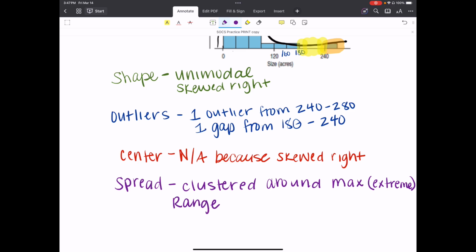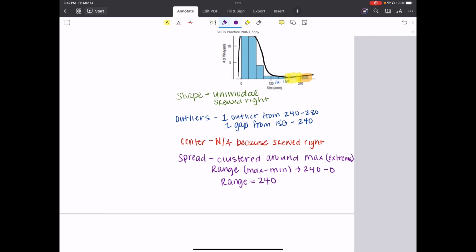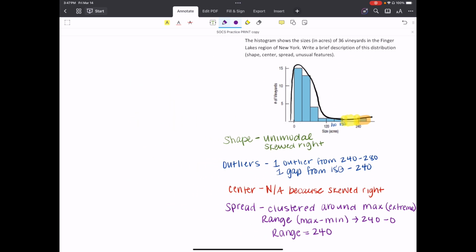So remember, range is our max minus min. So our range is 240 minus 0. So the range is 240. So when you're describing a distribution, these are all of the things you need to include in your description. So if you look, we talked about our SOCS, our shape, outliers, center, and spread.